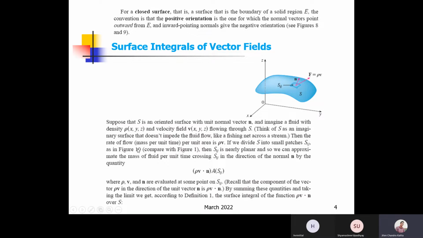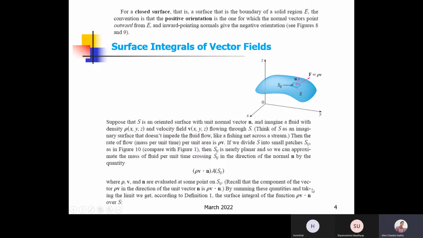This I have already told you. If we divide S into small patches Sij, then Sij is nearly planar, and so we can approximate the mass of fluid per unit time crossing Sij in the direction of the normal N by this quantity, where rho, v and N are evaluated at some point on this patch.